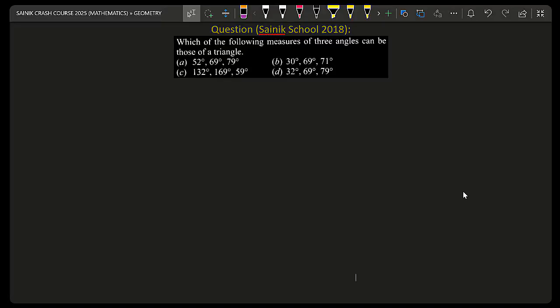What are they asking? So which option measures the three angles of a triangle? That means where a triangle is possible. Some options may not be possible to create a triangle, but which option is possible to create all the angles of a triangle? What do you know about three angles of a triangle, Daksh?